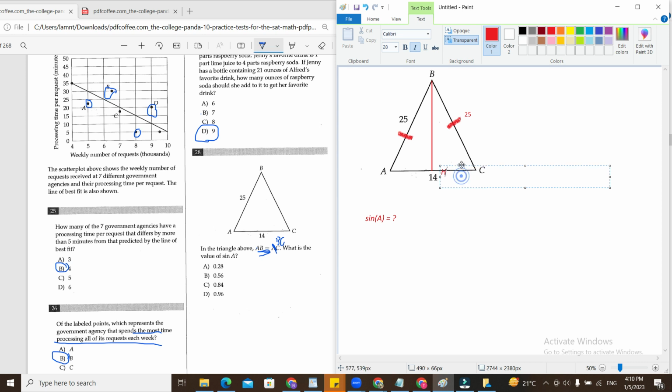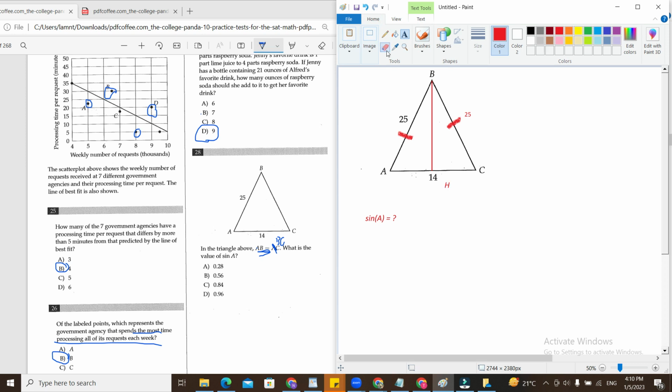Now because BA is equal to BC, therefore AH is equal to HC, because that's the property of the isosceles triangle. When we draw a perpendicular line to the base of the isosceles triangle, the base is split in half. So we have AH equal to HC.